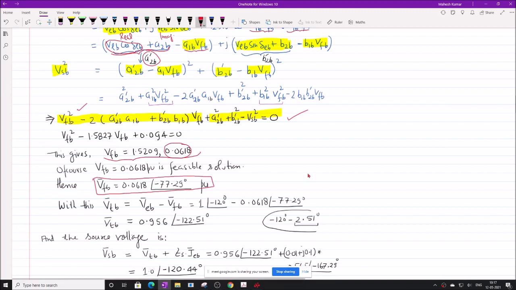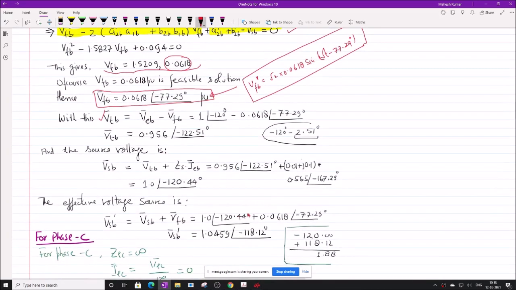Again we can construct the real time domain from this: vFB star is equal to root 2 into 0.0618 sine omega t minus 77.29 degree. This is the reference voltage for phase B for the DVR that has to be realized by the inverter.